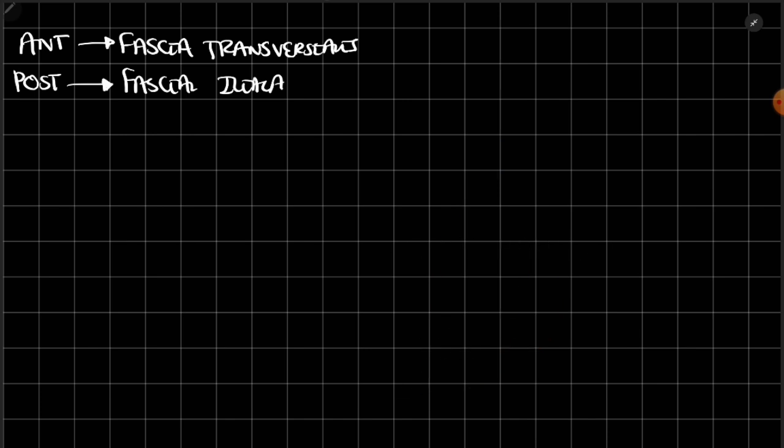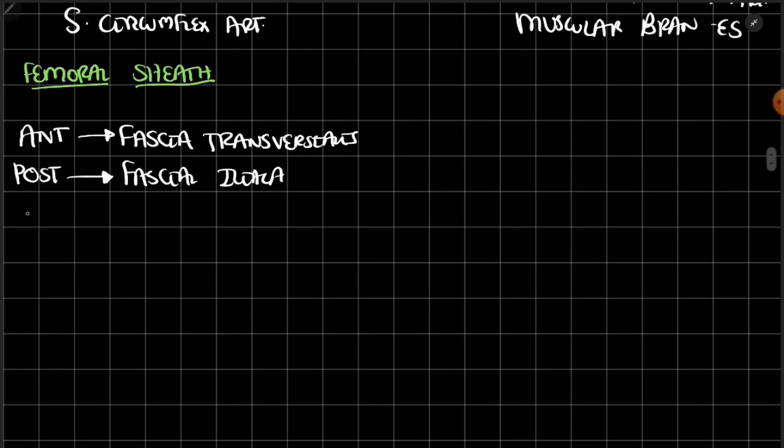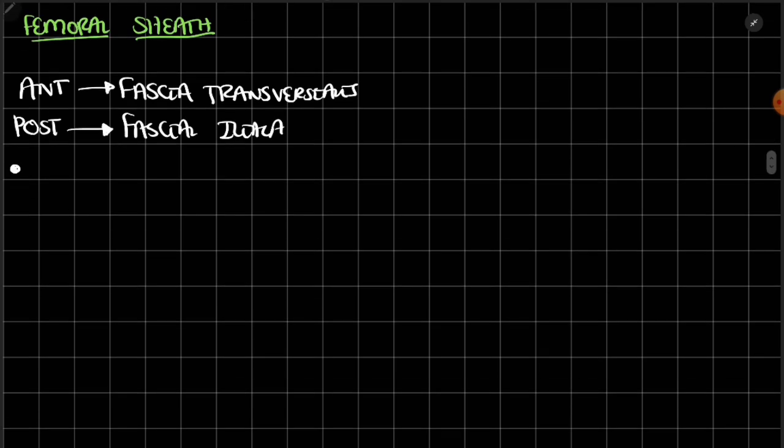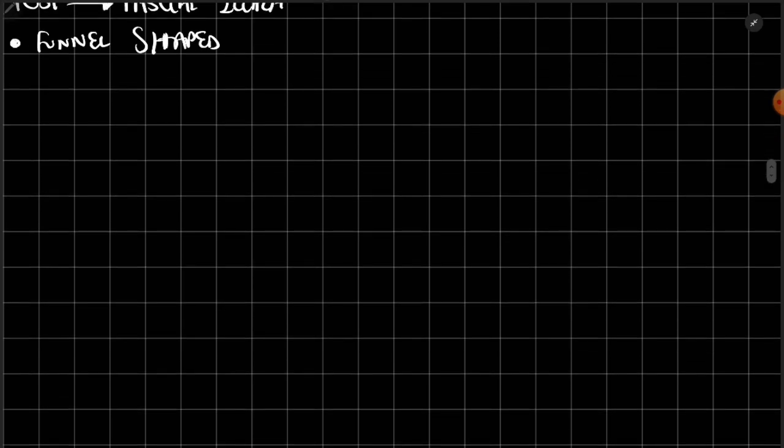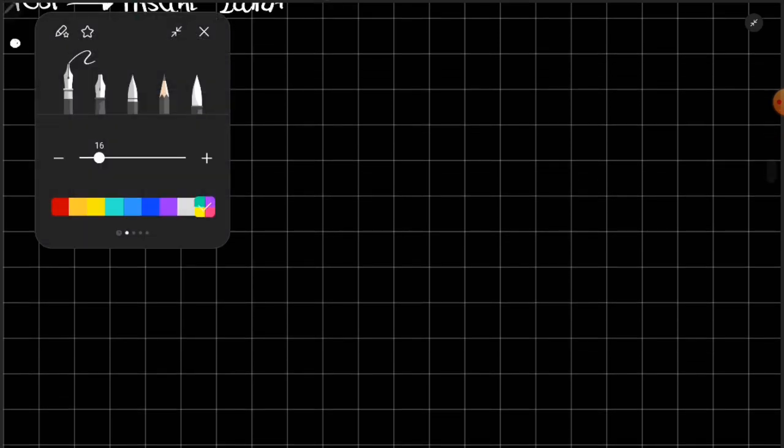Now the femoral sheath is a funnel shaped sheath. Okay, this is the funnel shaped sheath. And to draw the femoral sheath, we will draw like this.